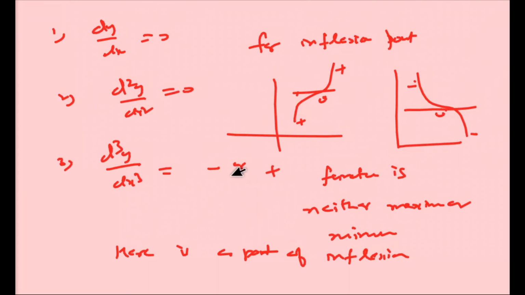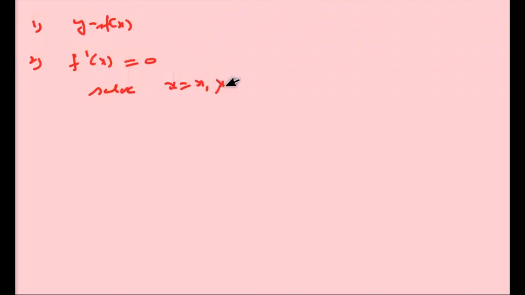So what happened at the last, what we have got is the formula, that is: first, y equal to f(x); second, we should do f'(x) equal to 0, solve for it, find x equal to x1, x2, x3 and so on, and then find f''(x1) for x1.